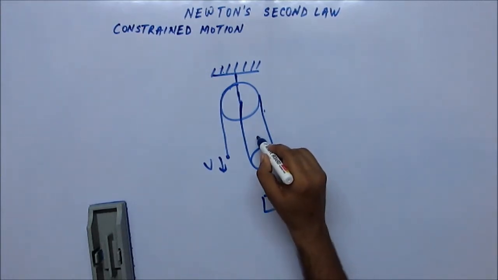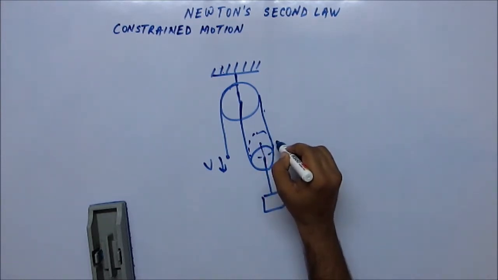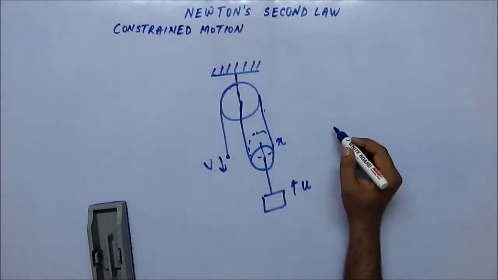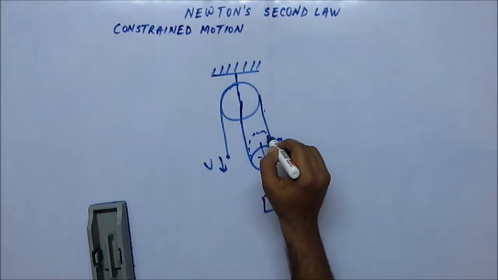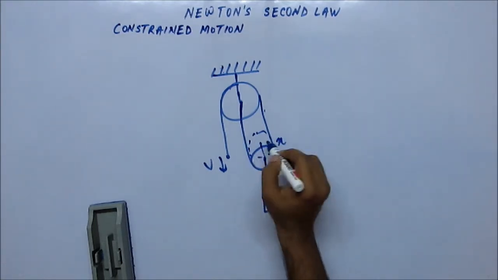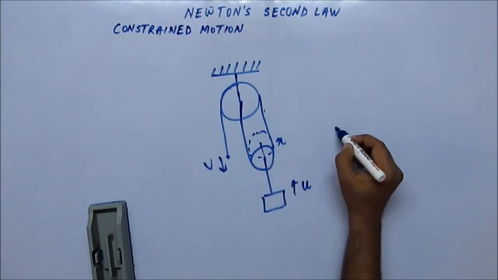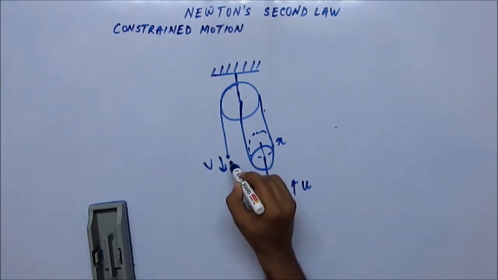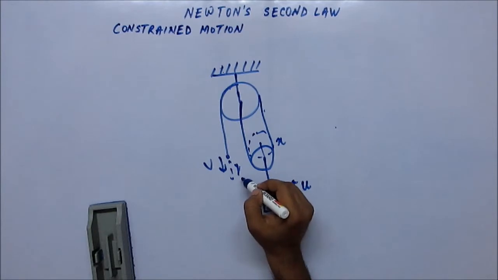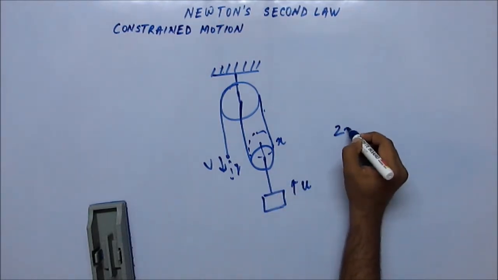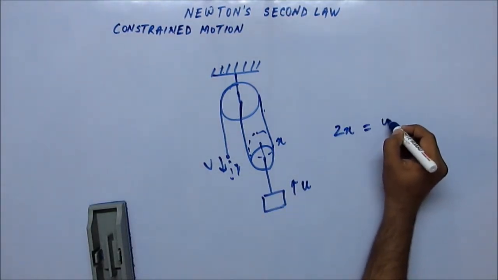So if this pulley goes up by a distance x, then the total string that will be loosed will be 2x on both sides. And if this goes down a distance y, then the total string that will be required will be y. So 2x should be equal to y.